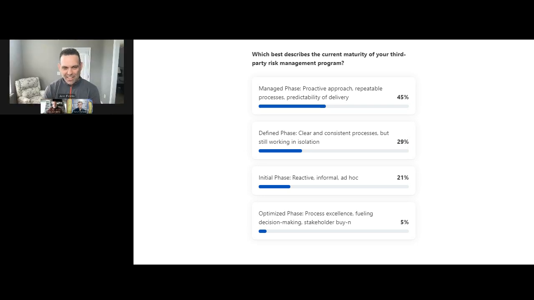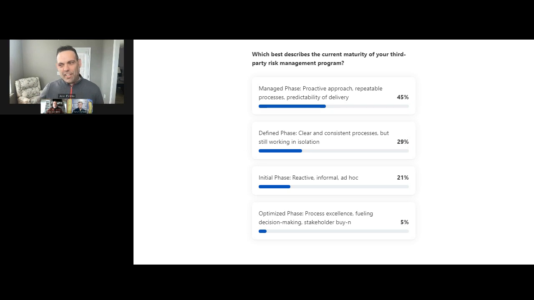I think you look at the drop off in the optimized phase, which is saying you're never really truly optimized, because even if you're at the forefront, now we're talking about technologies and approaches and changes to third-party risk where you're never really there. You can be really close, but take AI for instance, right?